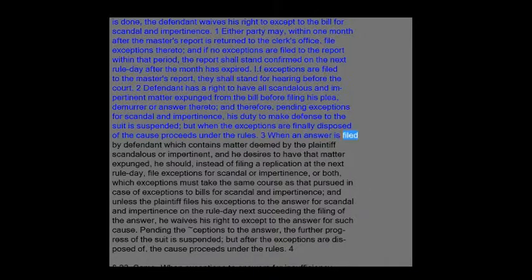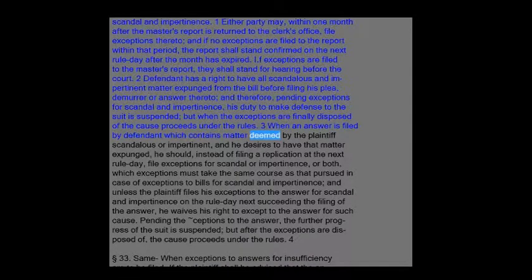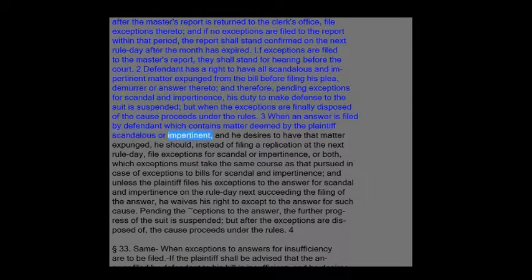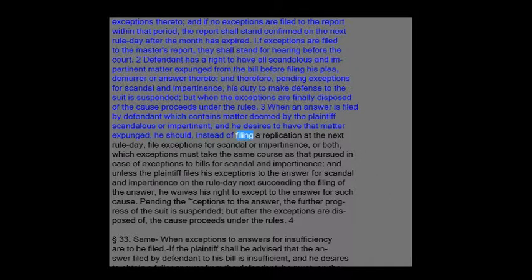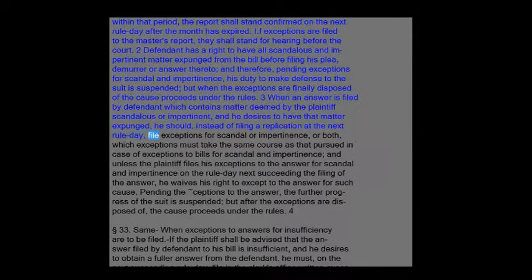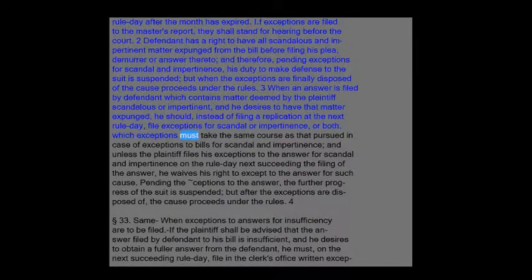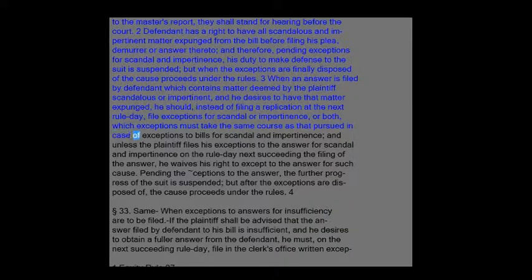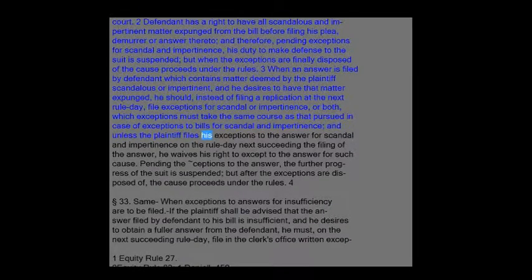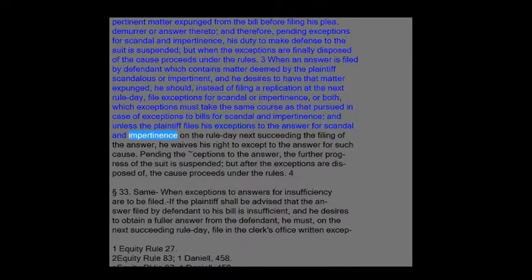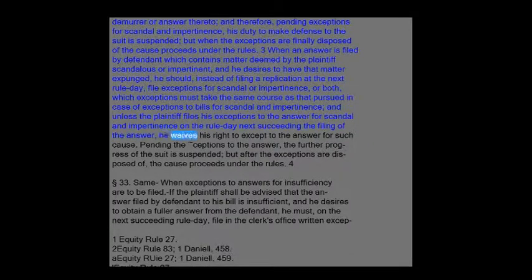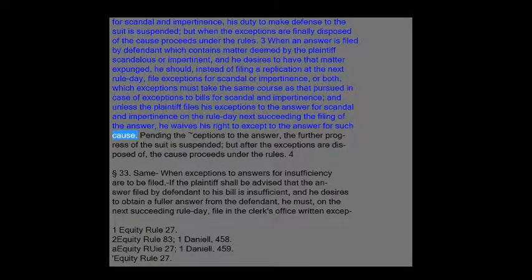When an answer is filed by defendant which contains matter deemed by the plaintiff scandalous or impertinent, and he desires to have that matter expunged, he should, instead of filing a replication at the next rule day, file exceptions for scandal or impertinence, or both, which exceptions must take the same course as that pursued in case of exceptions to bills for scandal and impertinence, and unless the plaintiff files his exceptions to the answer for scandal and impertinence on the rule day next succeeding the filing of the answer, he waives his right to except to the answer for such cause.